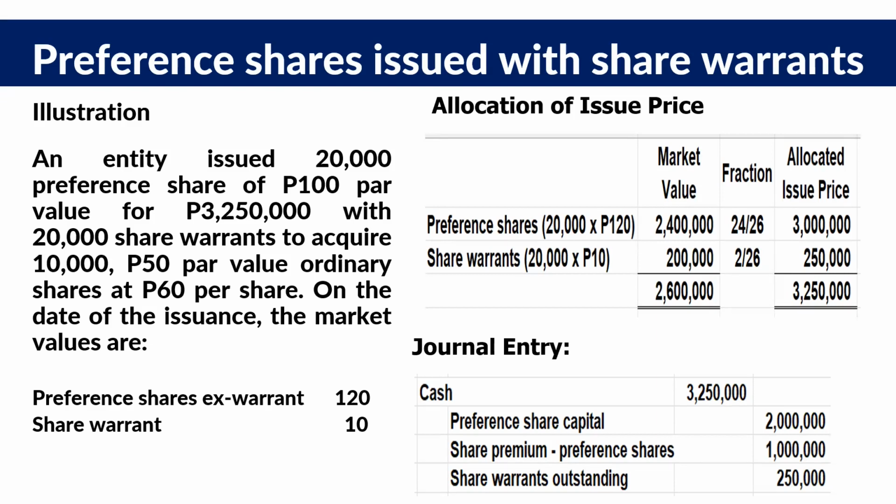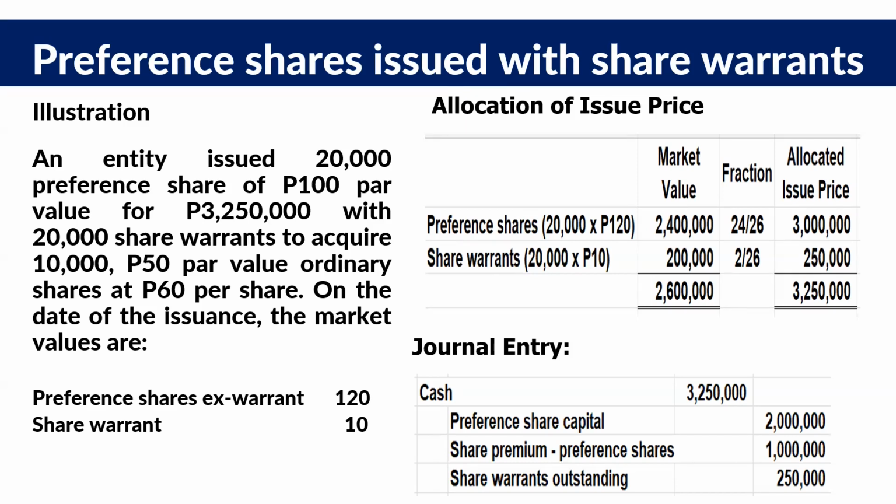Here in this particular illustration, we're given the market value. The preference shares without the warrant, or ex warrant, is 120, whereas the share warrants is 10. In this particular problem, the entity issued 20,000 preference shares, par value 100, for 3,250,000.